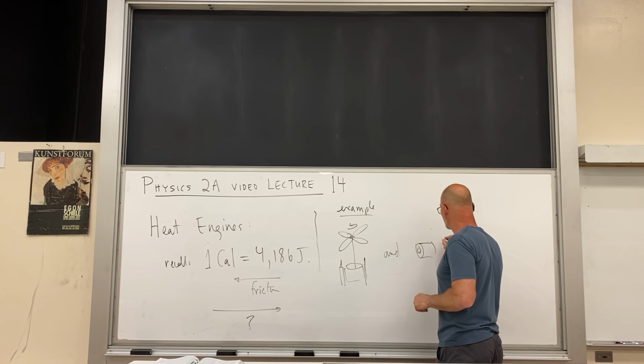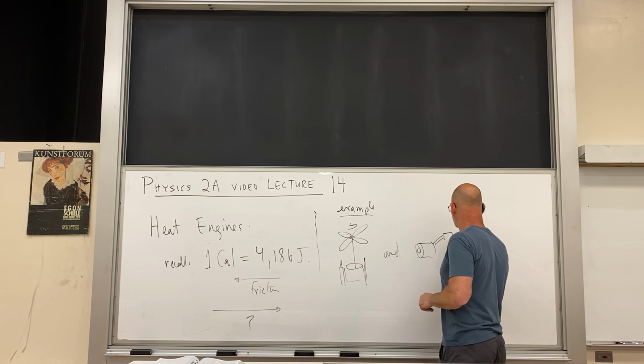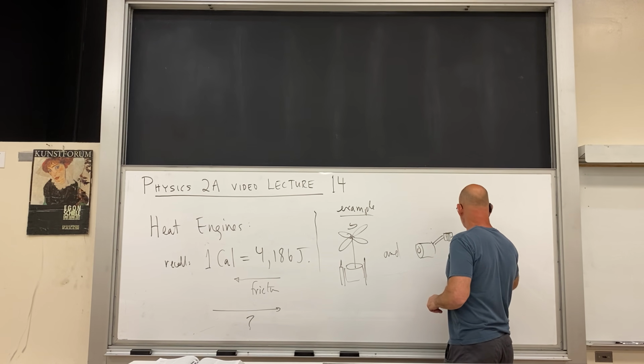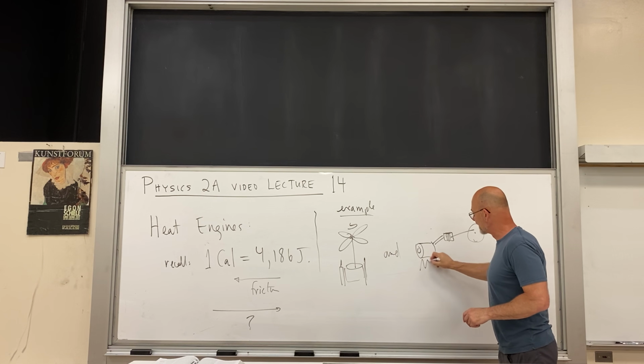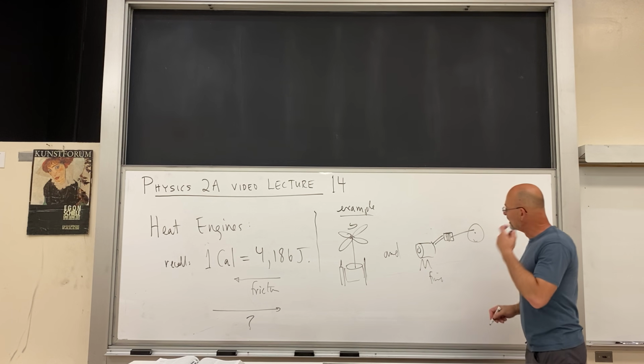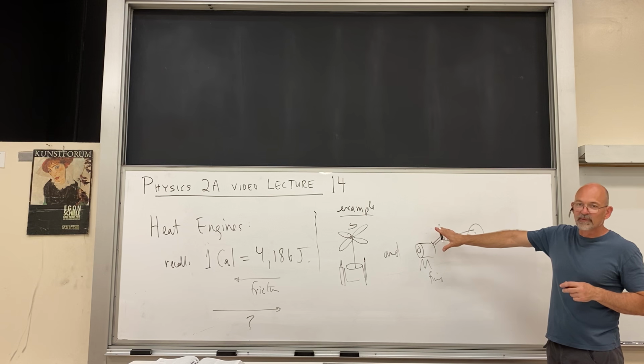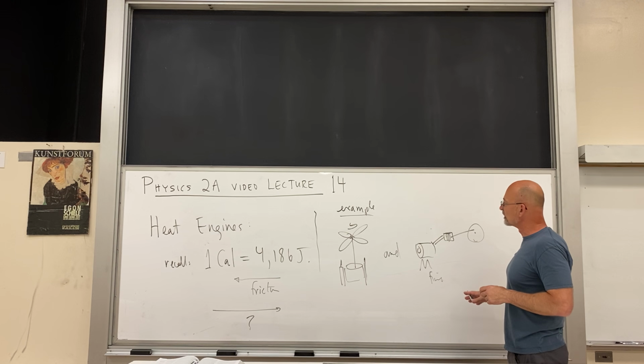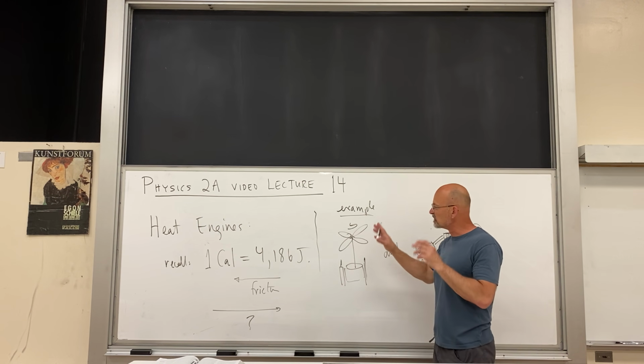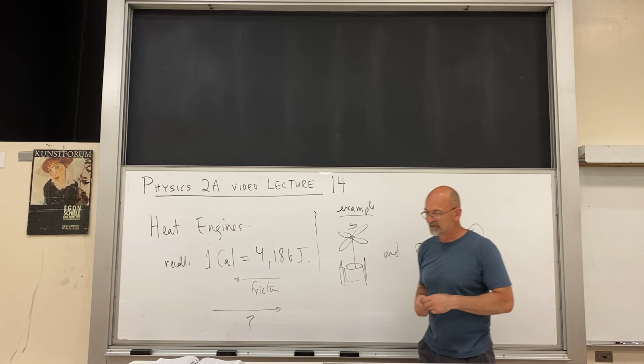There was the boiler, there was the connecting rod to the wheel. So the steam engine, we had fire down here. Now, I'm going to expand on this a little bit in order to prepare for the general heat engine analysis.